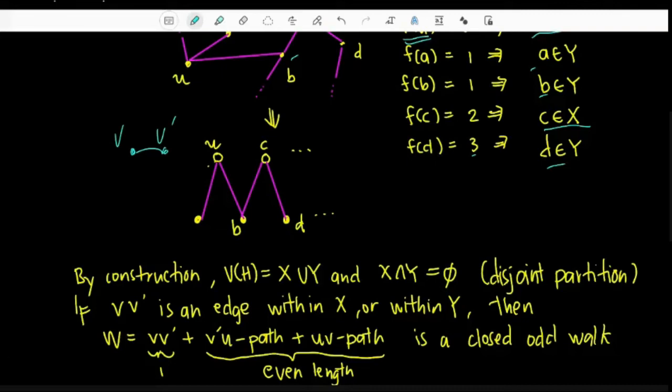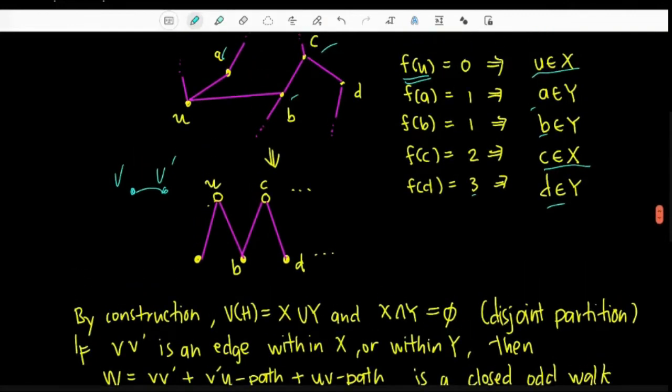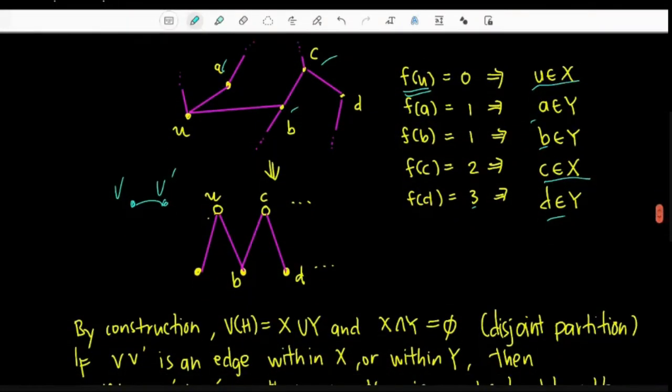So, what does that mean? Now, observe that since our component is connected, there must be a path from U to V, right? According to our construction, the path must be of even length if they are in X. So, let's say we have this path going to V and this path going to V prime as well.